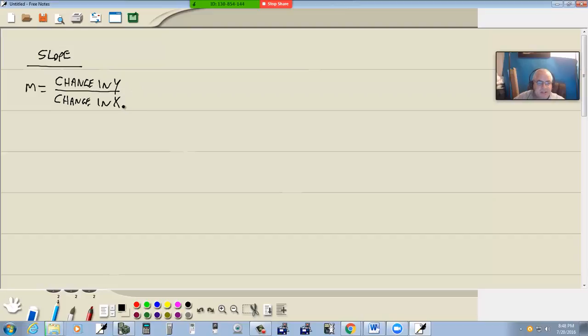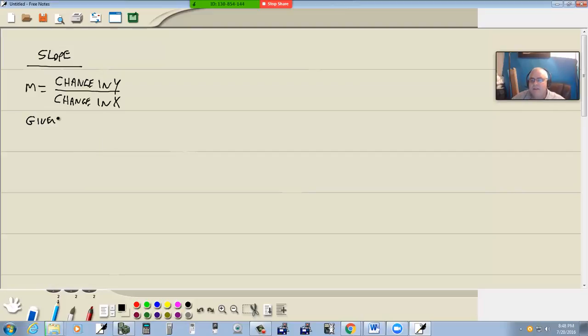Change in cost over change in time. Change in revenue over change in units. Whatever that might mean. So you can put anything in here. It's such a universal concept that if you go on to calculus, you'll find that half the class is studying this concept. Now, having said that, all we're going to work with is x's and y's, but realize it's much more than distance.